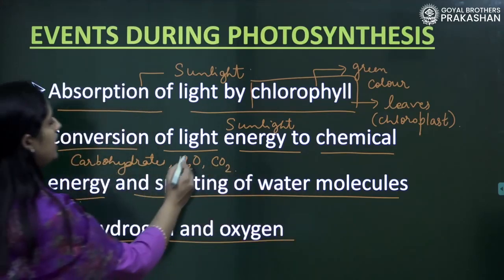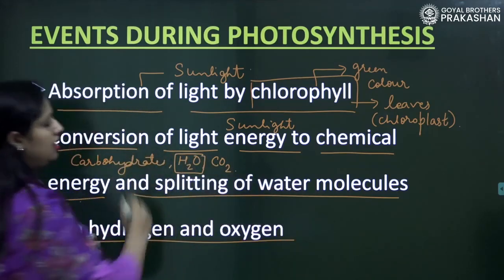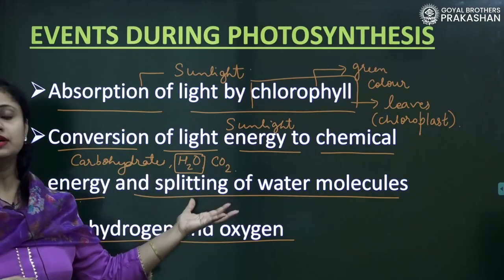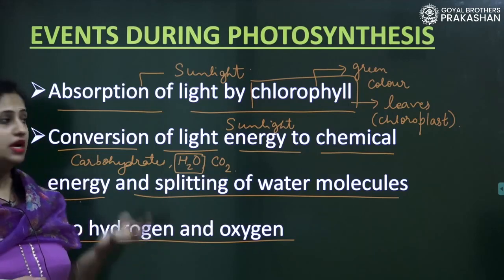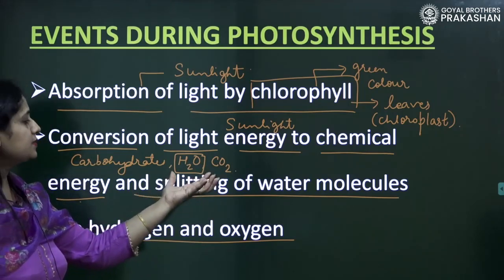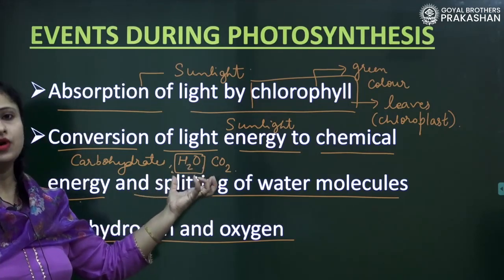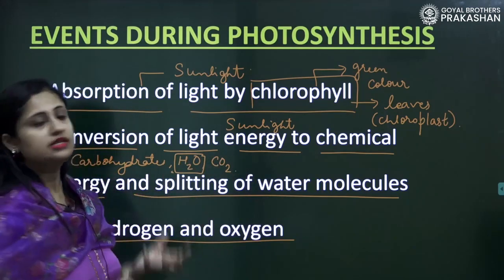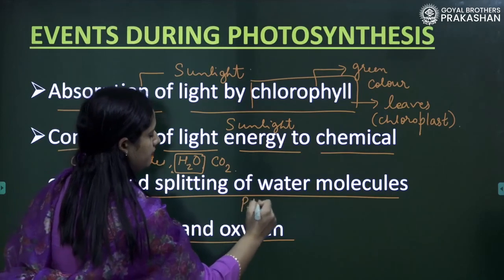So these three products are formed in the form of chemical energy and splitting of water molecules. Here we have seen that water molecule is evolved during photosynthesis. So what happens next? The splitting of water molecules is also known as photolysis of water.